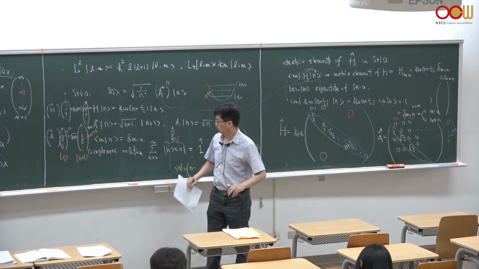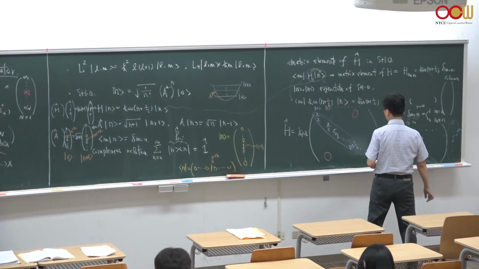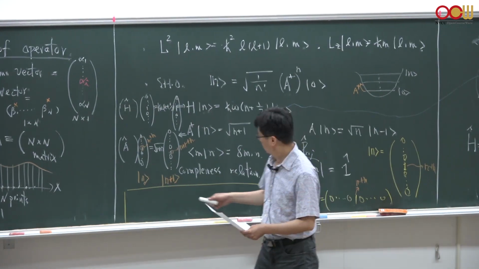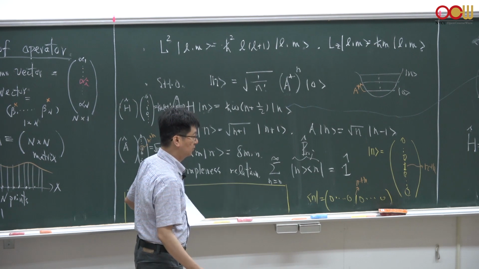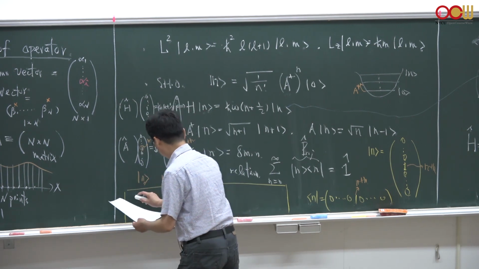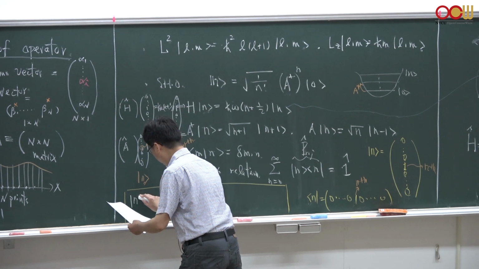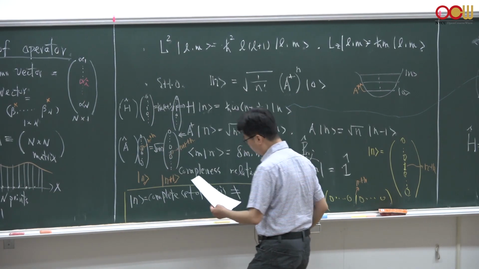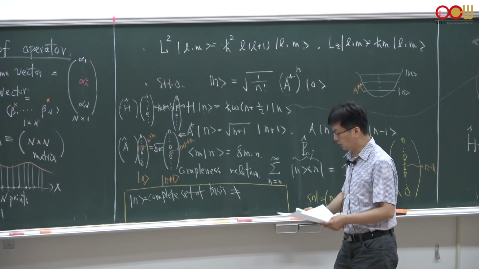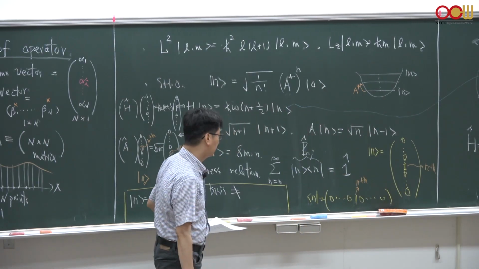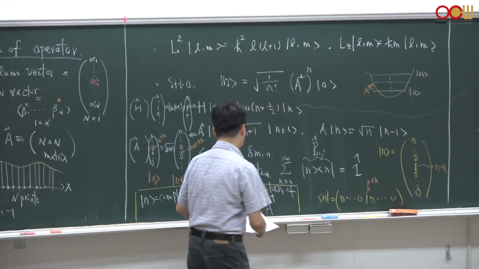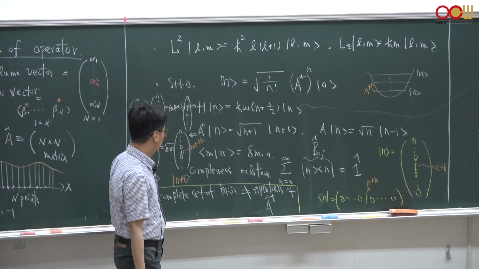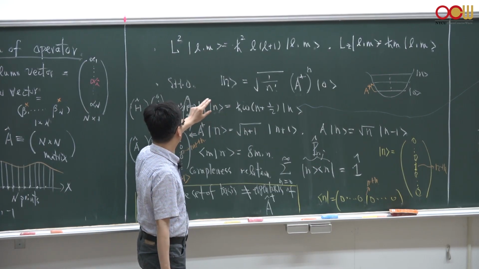Well, you could very easily check this. There's a final remark, which we will come back to later. Just to remind you that this complete set of bases does not necessarily correspond to the eigenbasis of this operator. For example, this is precisely the point. This state n is the eigenstate of the harmonic oscillator Hamiltonian H.